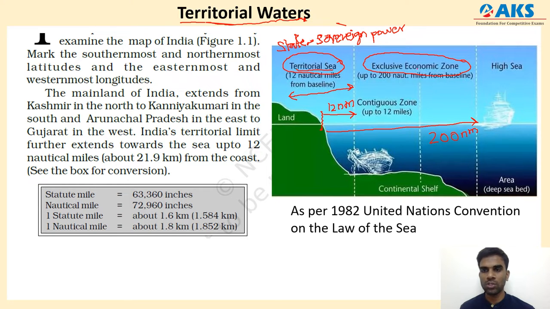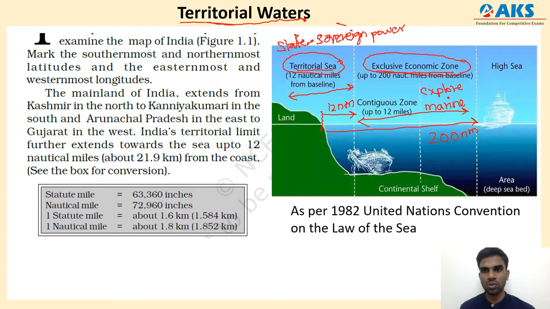So what is this exclusive economic zone? As the term itself says, in this area the country can explore or extract marine resources. It might be oil, natural gas or any other resource, and it is also responsible for maintaining the ecological environment in this particular zone.